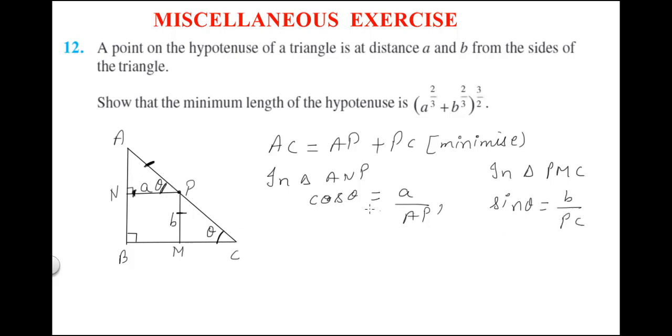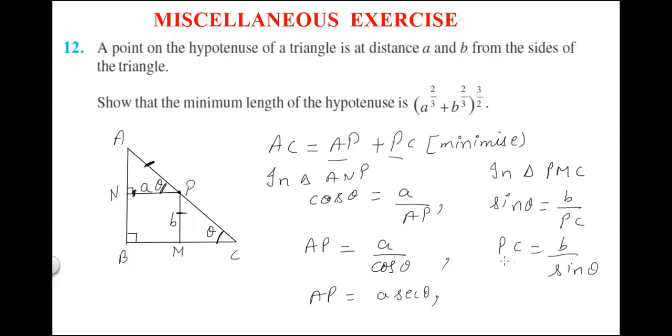So we can calculate the values of AP and PC from here. AP equals a divided by cos theta, which can also be written as a secant theta. Now the other side: PC equals b divided by sine theta, which can be written as PC equals b cosec theta, right?